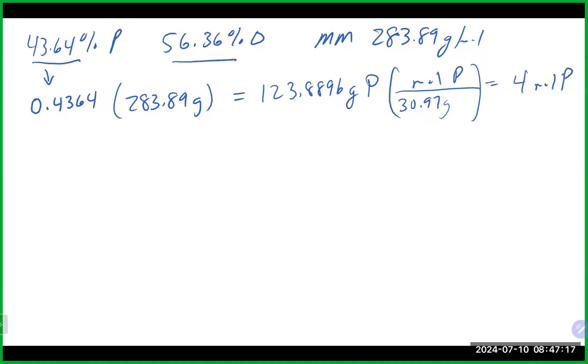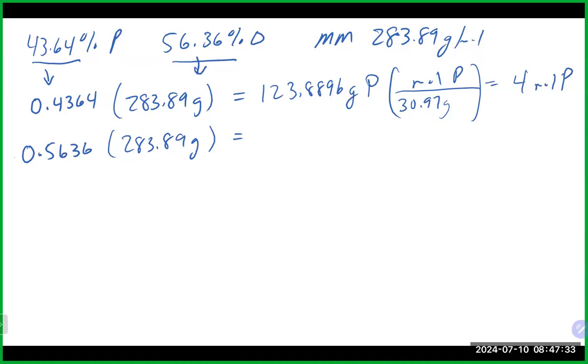We could do the same thing for our oxygen. To convert this into a decimal, divide by 100, 0.5636 of that 283.89 grams is basically made up of oxygen.